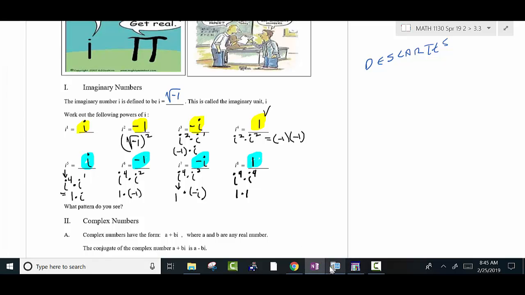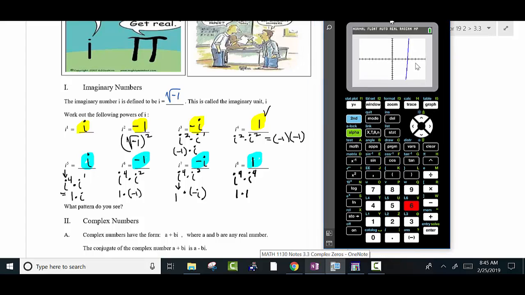I want to show you one thing on your calculator. If you don't know this, it's kind of nice. If you look at your decimal key on the bottom row, you should see the letter i in a different color. Most of these calculators will work with i. So let's try i to the eighth.